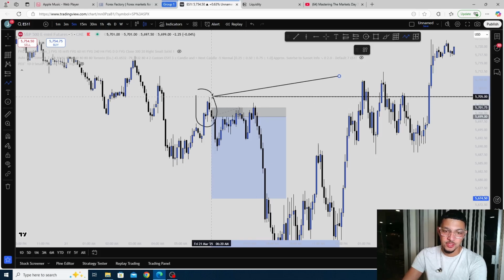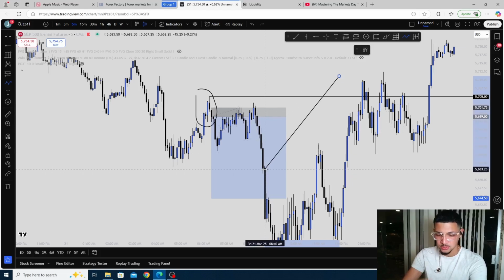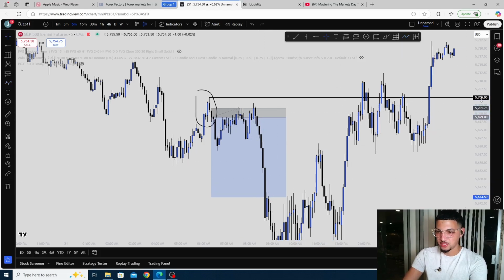It wanted to come for this high right here, but it didn't end up going for it. After it took everybody out, it decided to crash all the way down, guys. Literally crashed all the way down.